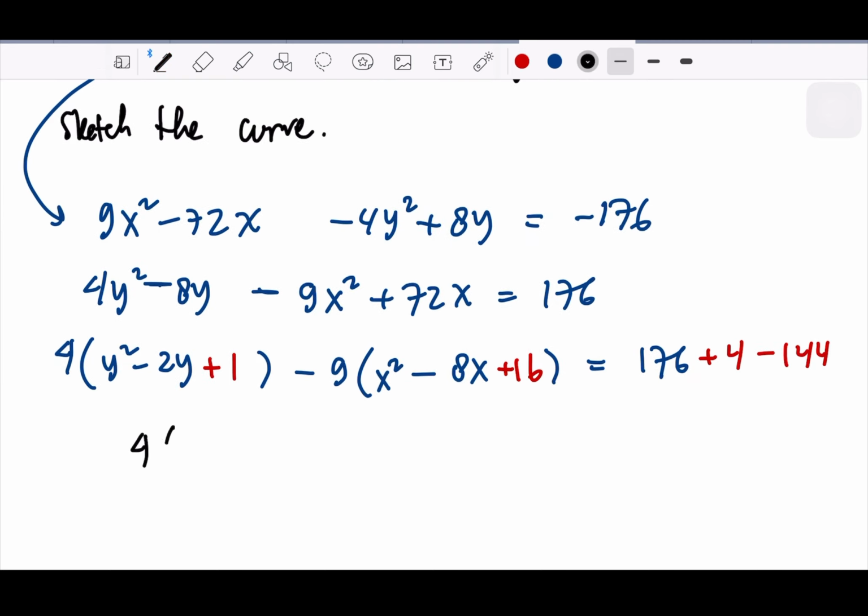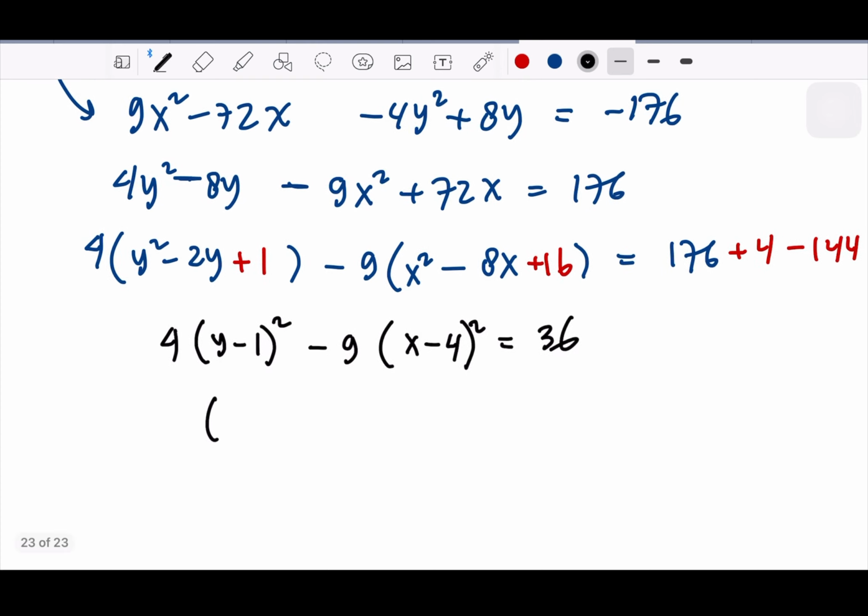This turns out to be y minus 1 squared, and then 9x minus 4 squared, and this will be 36, right? 36. Okay, and then we can simplify. Right. Okay. Now we have these equations.